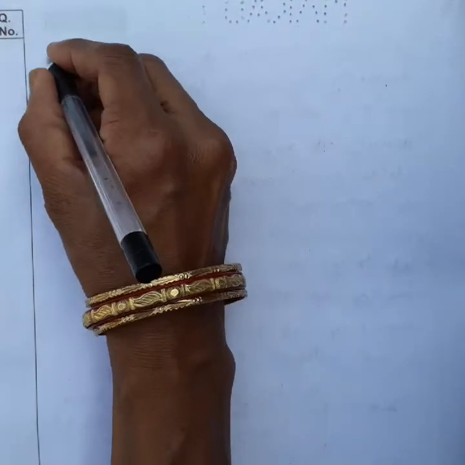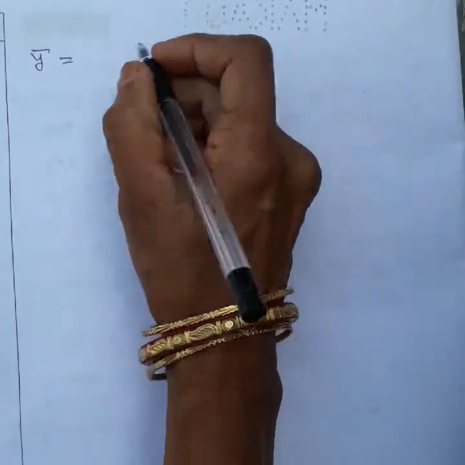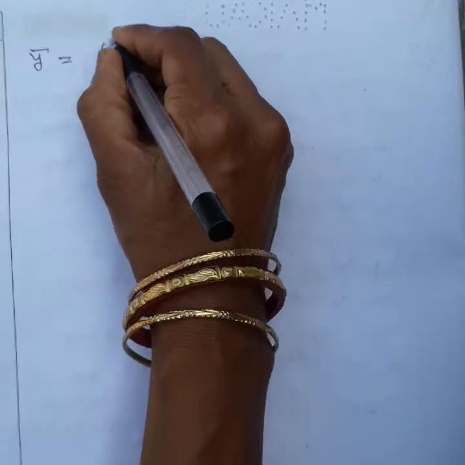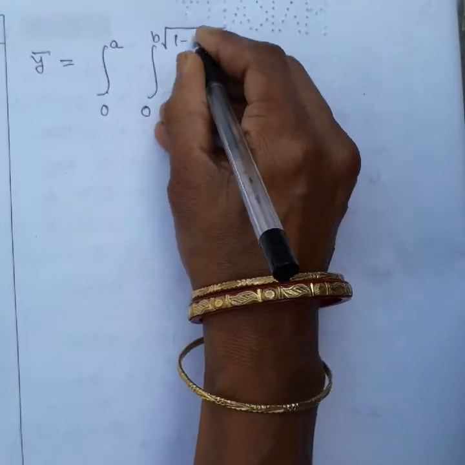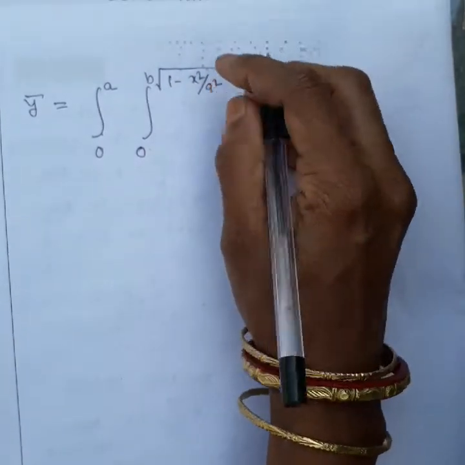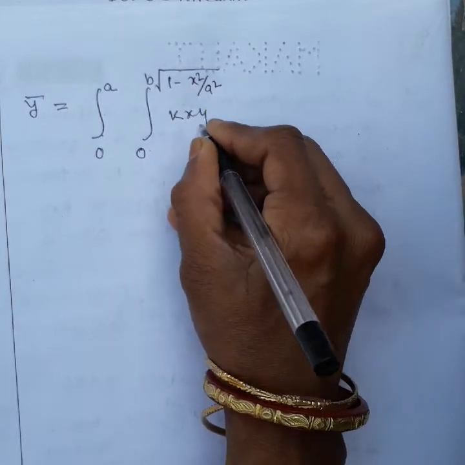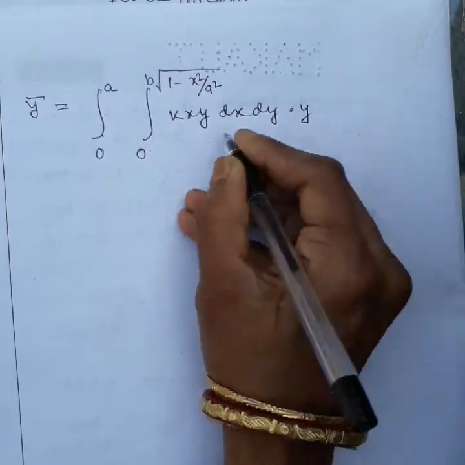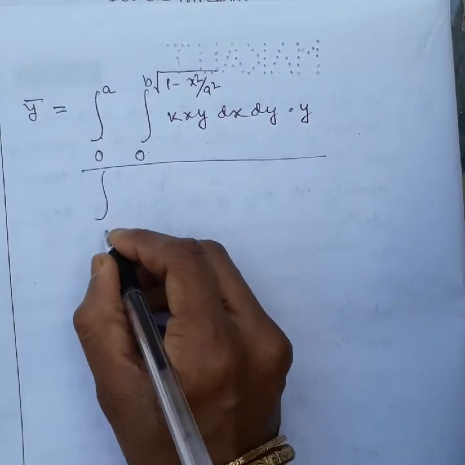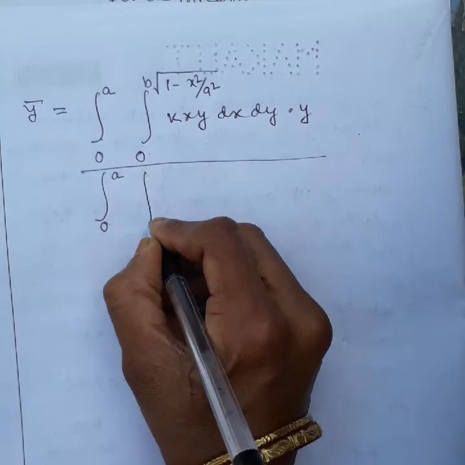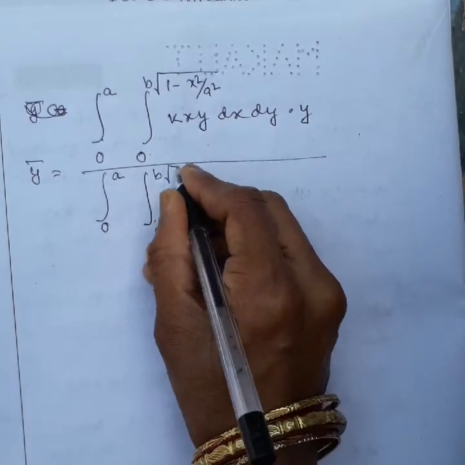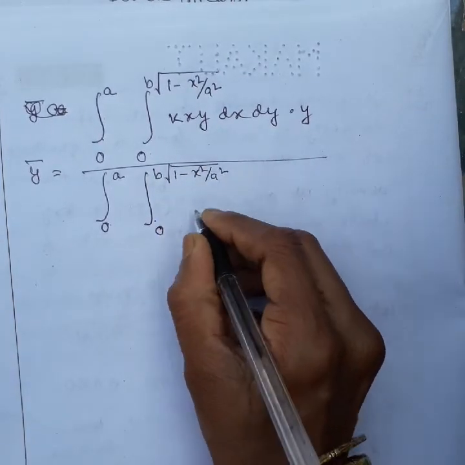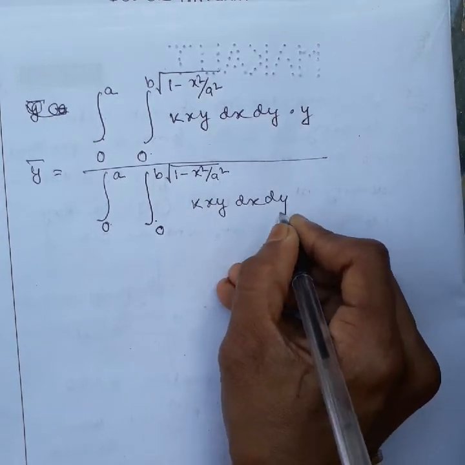And next y bar is equal to integration of 0 to a, integration of 0 to b into root over of 1 minus x square by a square kxy dx dy into y, by integration of 0 to a, 0 to b into root over of 1 minus x square by a square kxy dx dy.